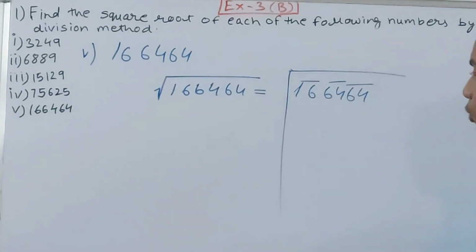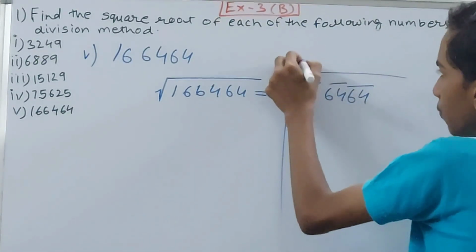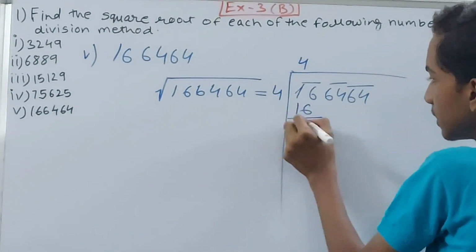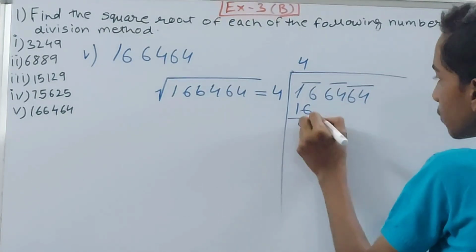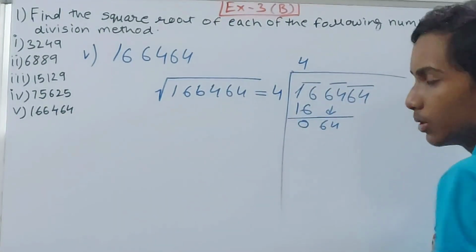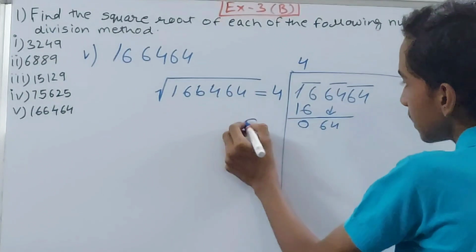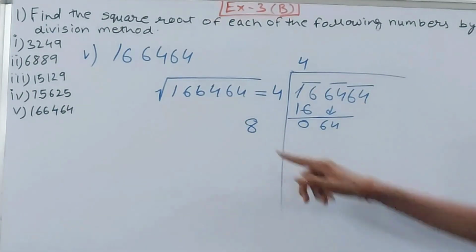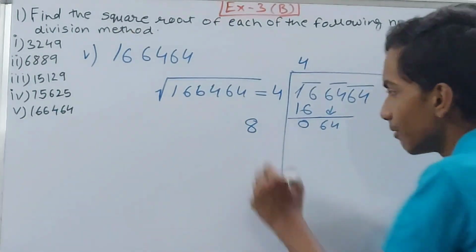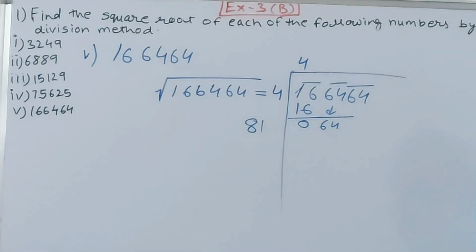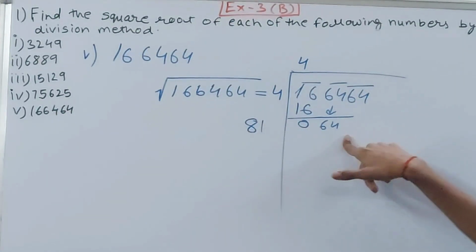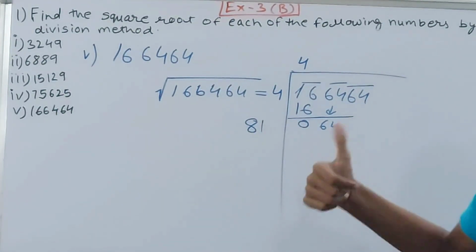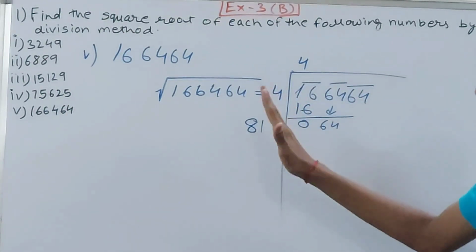Now 16 will go by 4, 4 4s are 16, 0. Let's bring down the next pair, that is 64. Now 64 and 4 into 2 is 8. Now if I write even 1, the smallest possible number, it gives 81 into 1, which is 81. 81 is more than 64, and you cannot subtract a larger number from a smaller number.